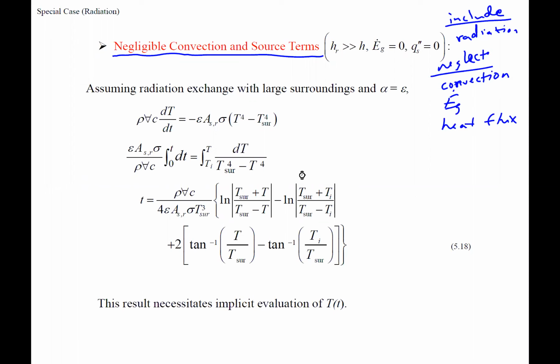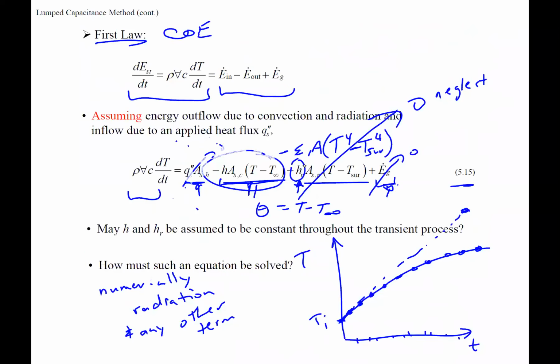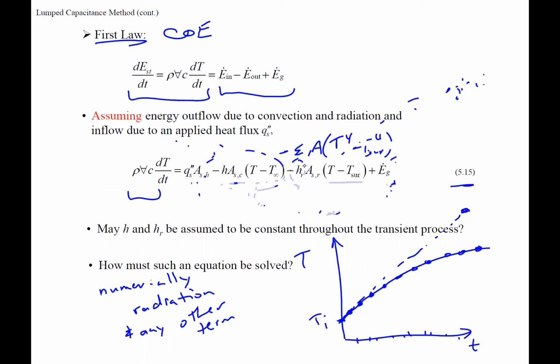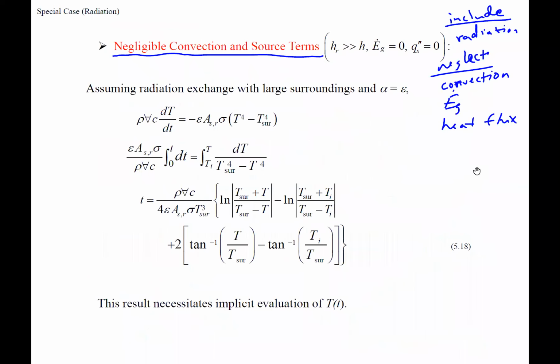So we go back to our equation here, and we're not neglecting this radiation term anymore. We're neglecting energy generated, convection, and surface heat flux, so now we just have our equation here and here. And that's what you see right here from the COE, what we're including and neglecting.